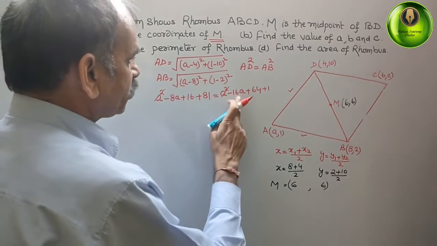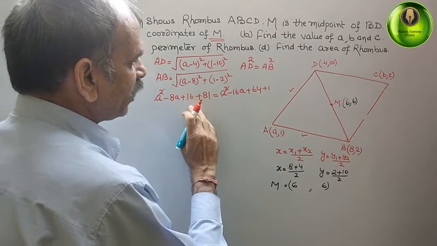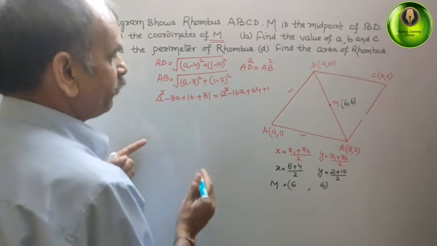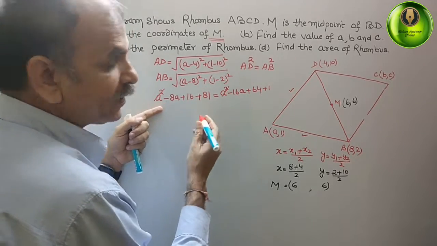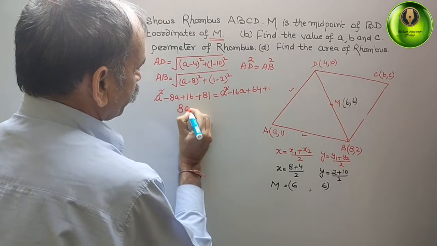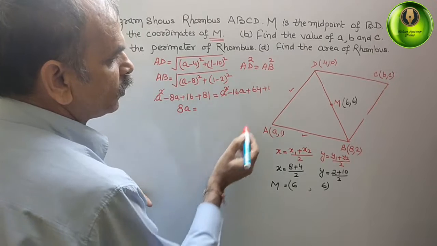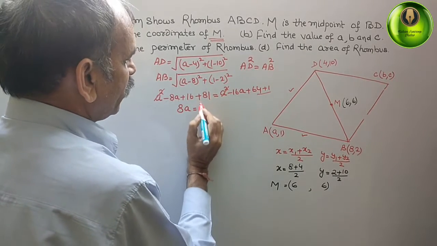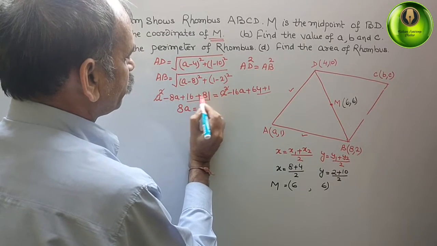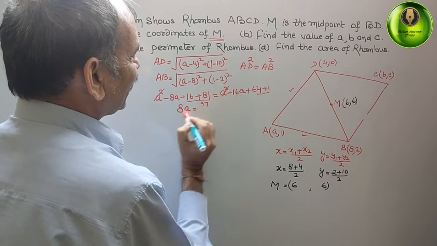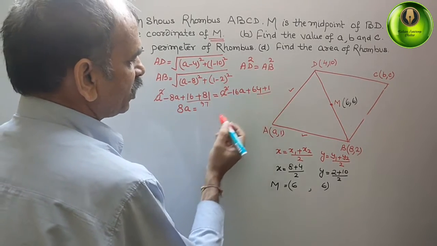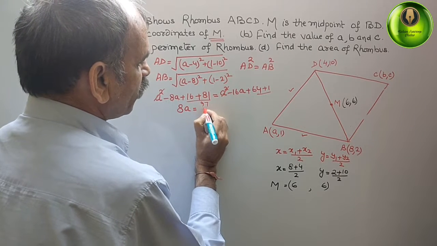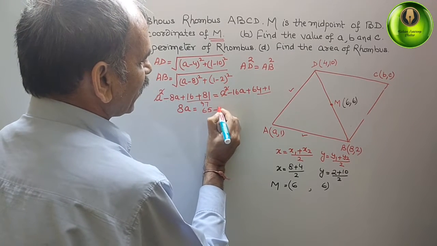Now bring the a terms to this side and the values to the other side. Minus 8a plus 16a is 8a, that is equal to 65 minus 97.